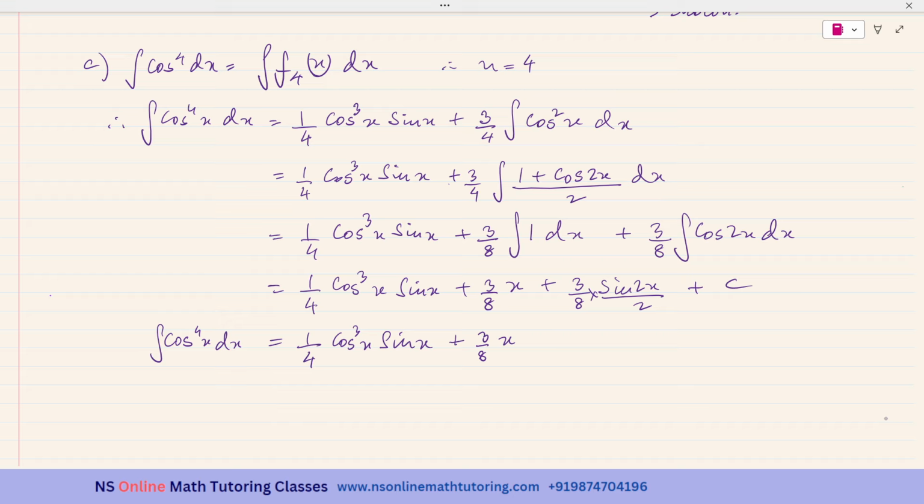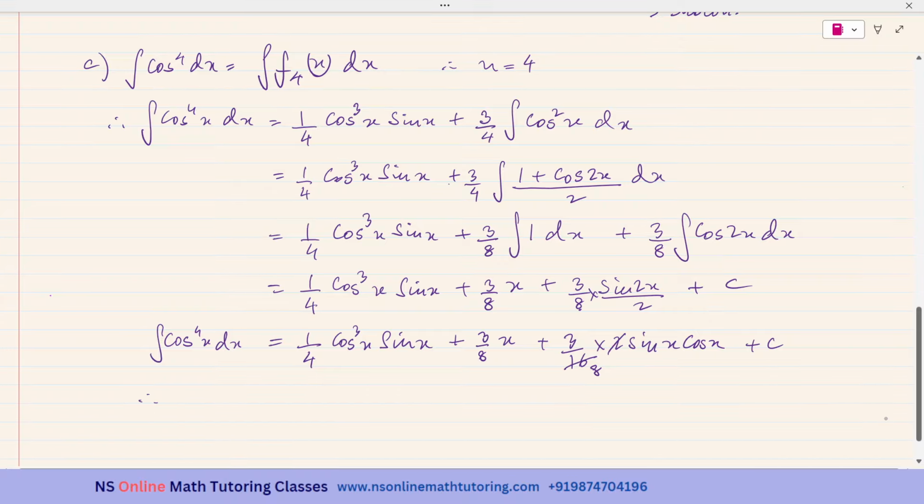So plus 3/16, 8 times 2 is 16, times 2 sin x cos x. Or they have written the cos x first, so I'll be writing cos x first, and plus c.